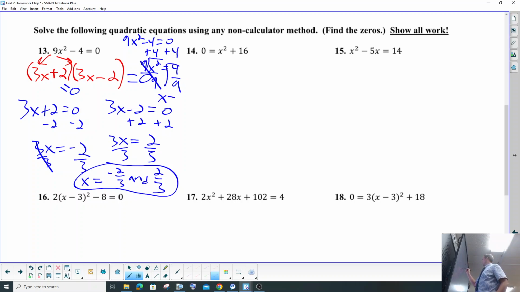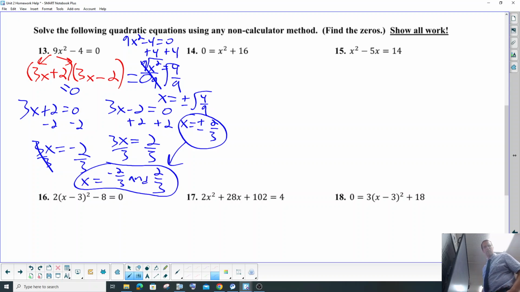And when you square root both sides, you get plus or minus the square root of 4/9. And that, of course, reduces to, the square root of 4 is 2, and the square root of 9 is 3. So plus or minus 2/3, same answer. So yeah, you can do factoring or kind of the completing the square final thing where you get everything to the other side and square root both sides.